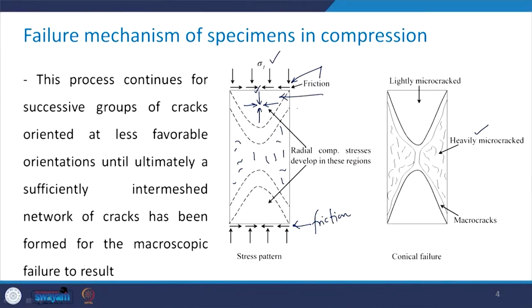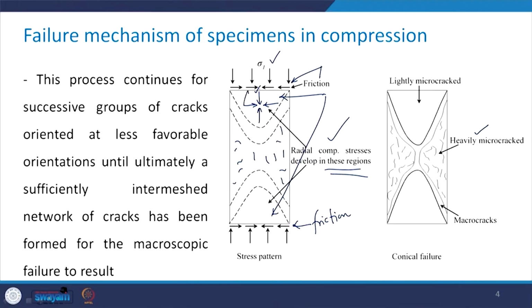So, when the cracks are propagating and aligning themselves in the direction of the applied stress, because of this effect, in these two zones radial compressive stresses develop in these regions. These cracks will not be able to propagate up to this zone.